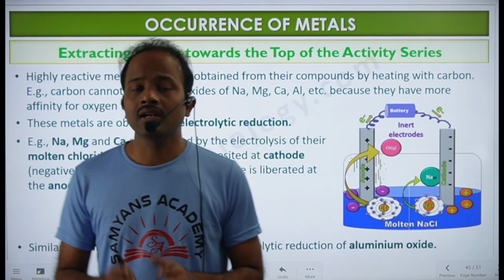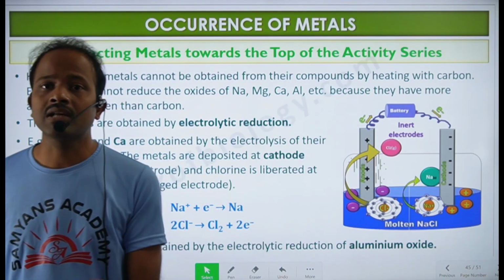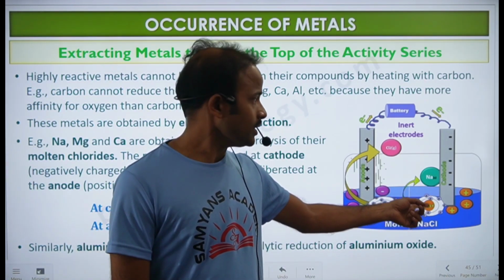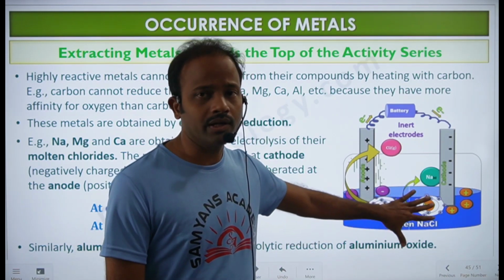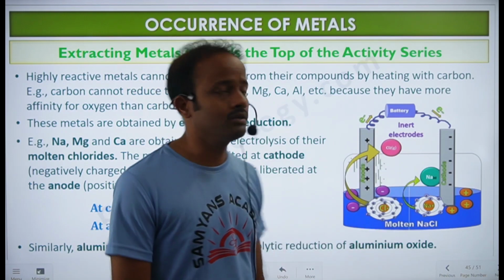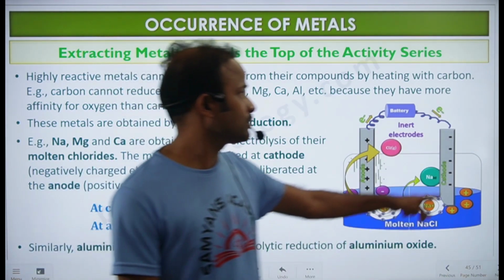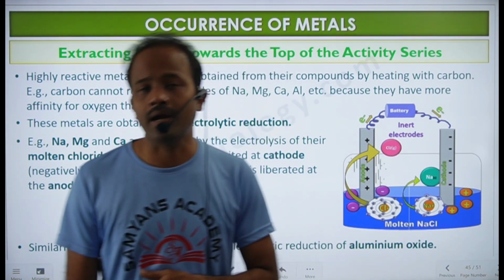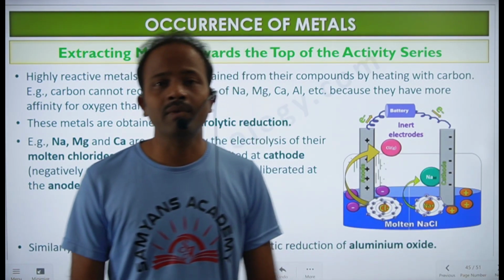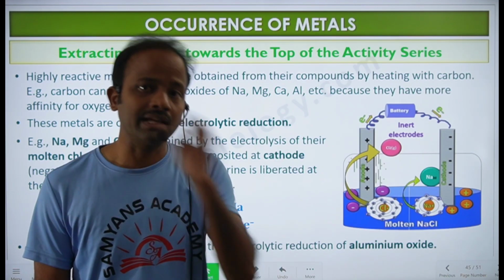Molten NaCl consists of two ions, Na+ ion and Cl- ion. You keep two electrodes in it: one electrode you connect to the positive terminal of the battery, and the other to the negative terminal, right? The electrode connected to the negative terminal of the battery is called the cathode, which attracts the cations.